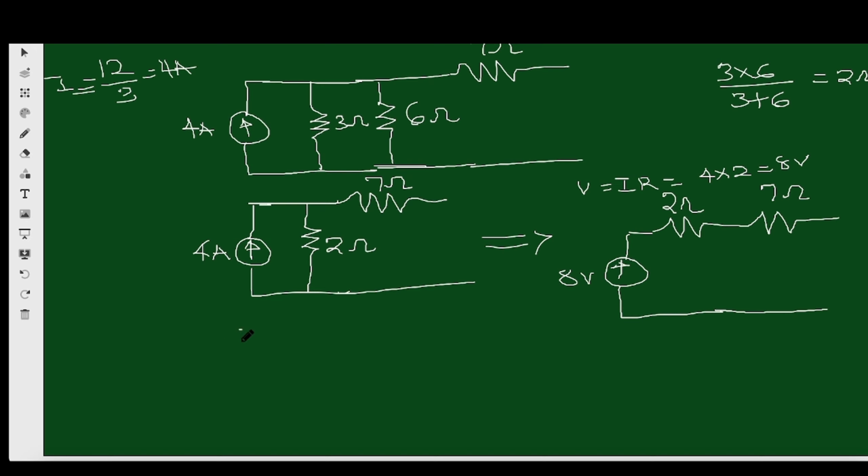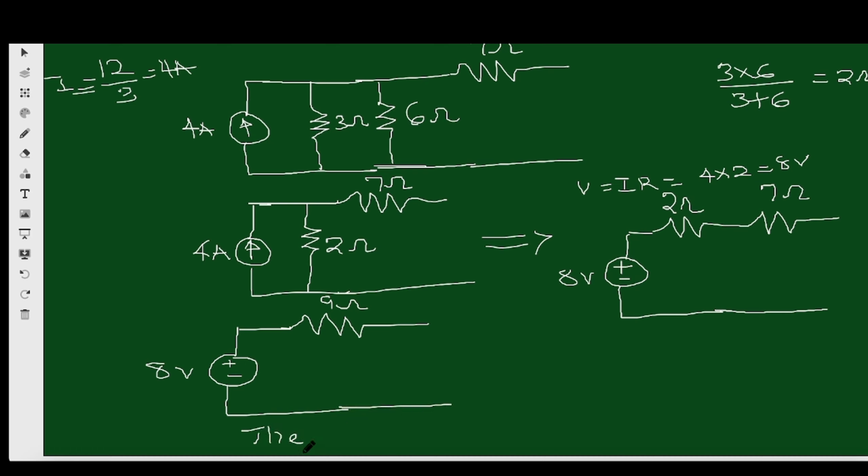So the network A has been reduced to a Thevenin equivalent voltage. And don't forget, this is a voltage source, so it should be plus minus 8 volts, and we have 9 ohms here. So this is 9 ohms.